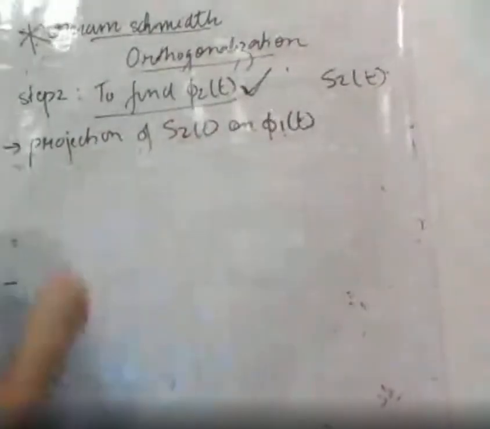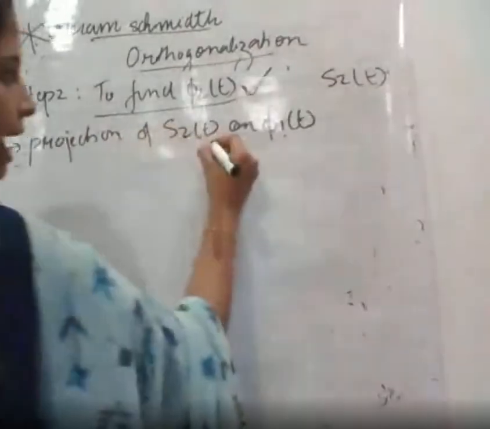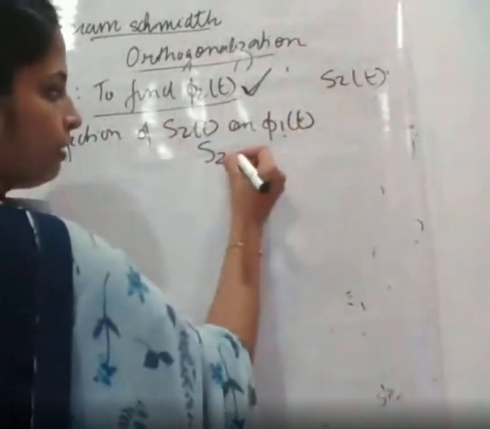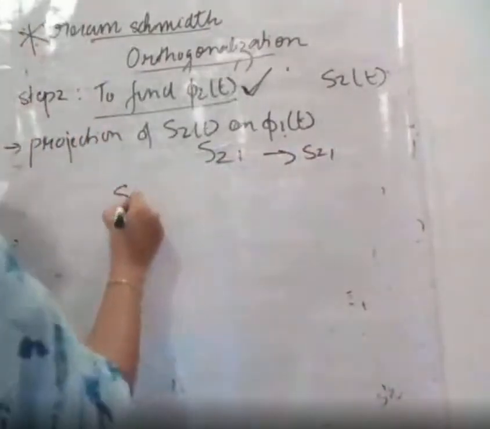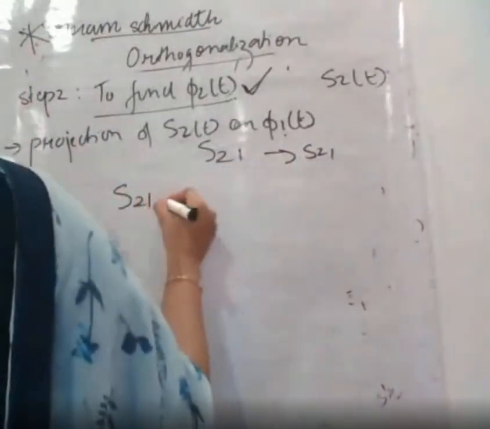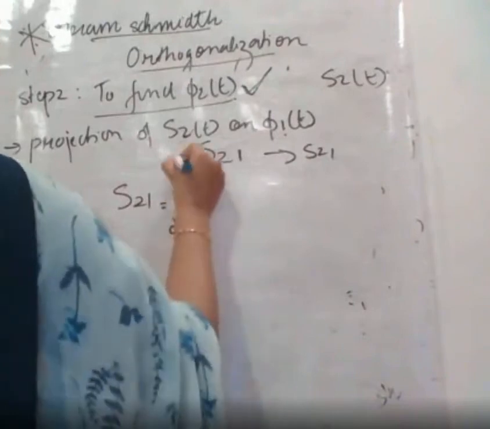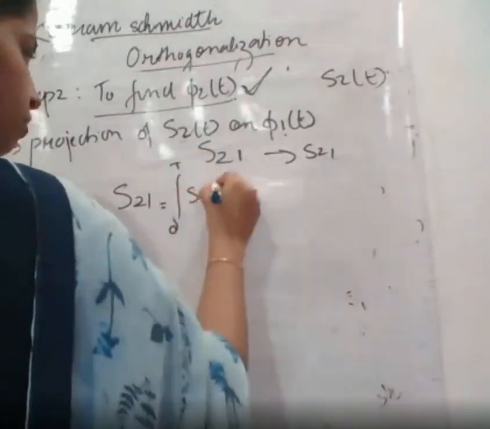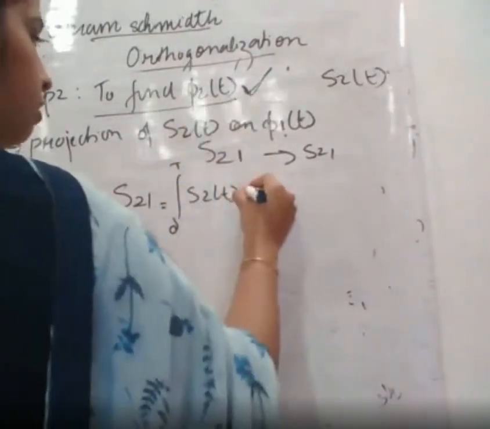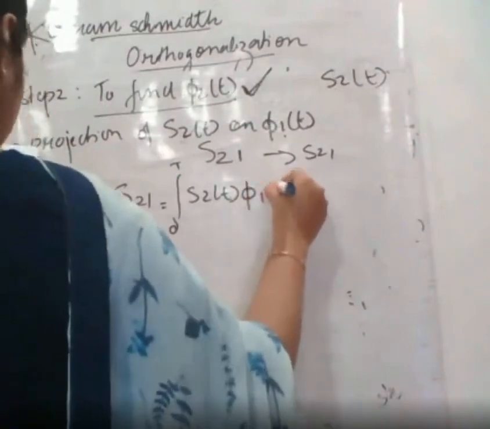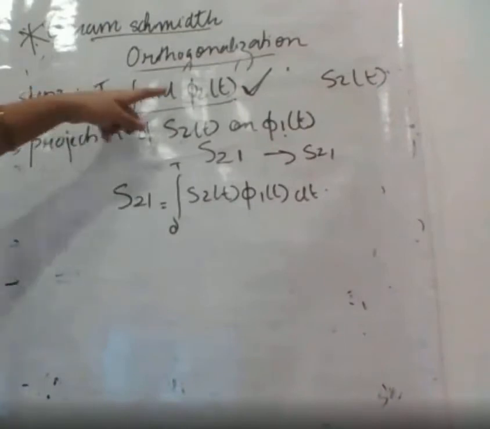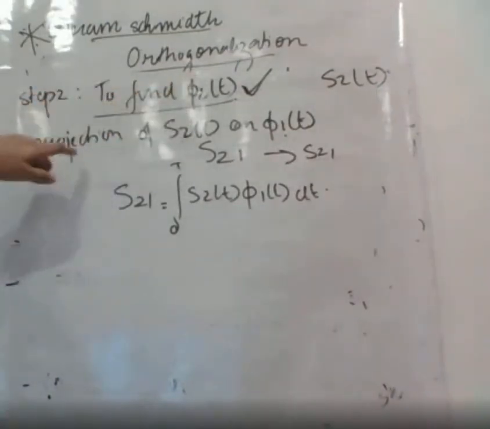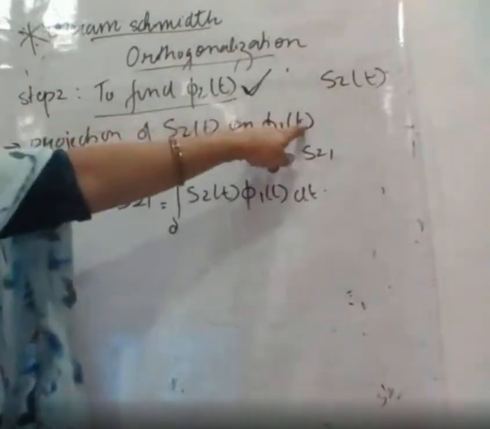So here we have to find the projection of S2 of t on phi1 of t, that is S21. The S21 equation is nothing but the integral from 0 to T of S2 of t phi1 of t dt. So in order to find phi2 of t, we have to first find the projection of S2 of t on phi1 of t.